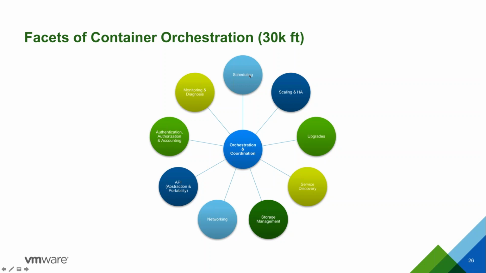That is, of course, scheduling, so deciding where a container is put, with affinity and anti-affinity rules; replicating those images so that if one host fails, the other ones still survive; restarting them; doing rolling upgrades with zero downtime; and finding other services. If containers come and go, they get different ports and different IP addresses, so how do they find each other? You need a stable name service, and most of them bring service discovery with them. Storage management, as Frank already asked about, is a big topic today. And networking, obviously, which is Eve's part in the third part of this tutorial, and some operational stuff around this.